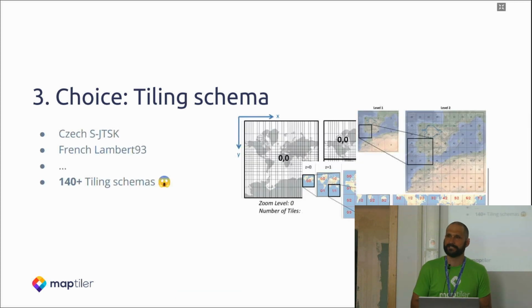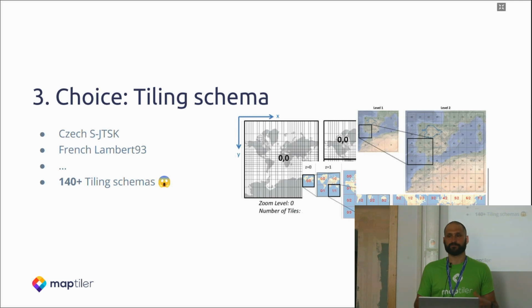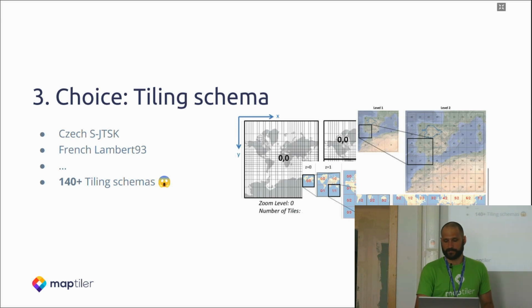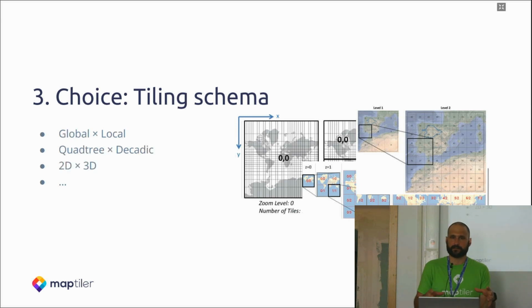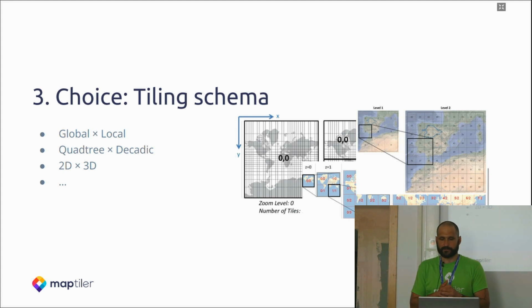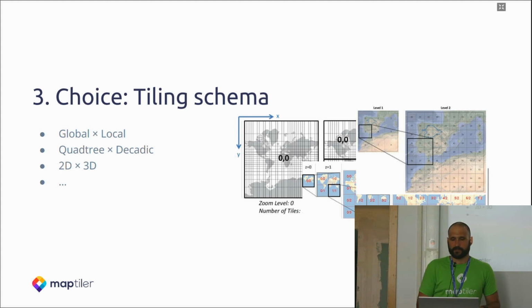And there are local tiling systems, like in the Czech Republic we have JTSK. In France there is another. Altogether I have seen around 140 tiling schemas. You can split them: local or global, quadratic or decadic, 2D or 3D, whatever.